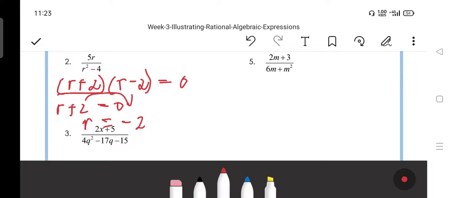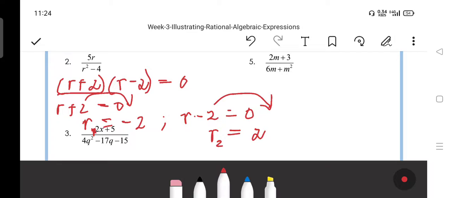And since we only have two possible answers here, we may denote this as r sub 1. And the next one is r minus 2 equals 0, and r is equal to, transpose negative 2 to the right, so negative 2 became positive 2. And we have here r sub 2. That's it. So that means there are two possible values here, negative 2 and positive 2.